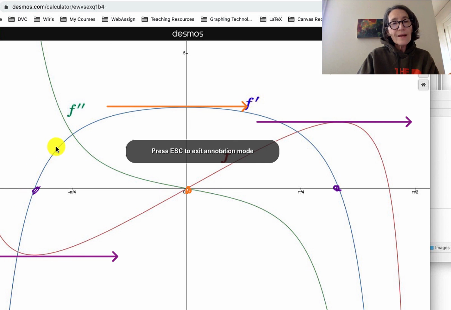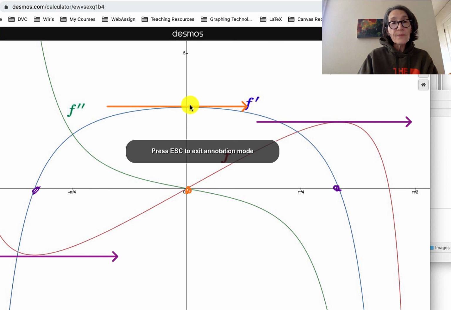But they're getting less and less positive. Their slopes are decreasing. They're positive but decreasing until finally they're 0 at x equals 0. Well, f double prime is positive. The y-coordinates are positive, but they're going down. They're decreasing until the y-coordinate is 0 right there.